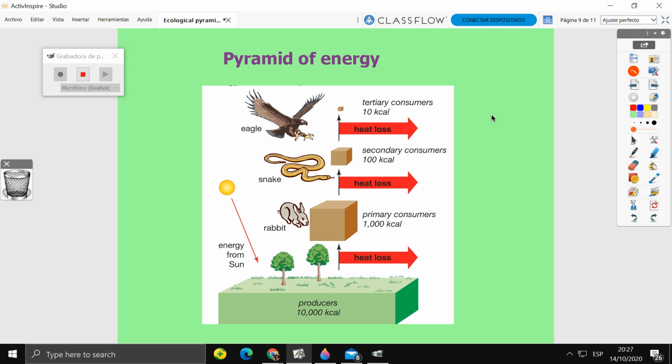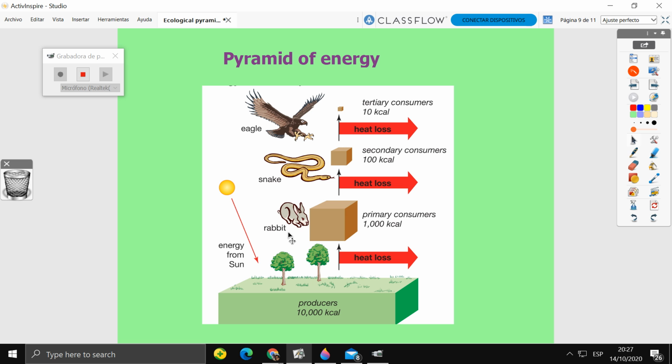How can we represent the amount of energy? First of all, we need to know the biomass. As we know the amount of energy contained in each gram of each biomolecule, with that information we can construct a pyramid of energy. Now take into account that, for example, the rabbit we are observing cannot obtain all the energy from the plants.